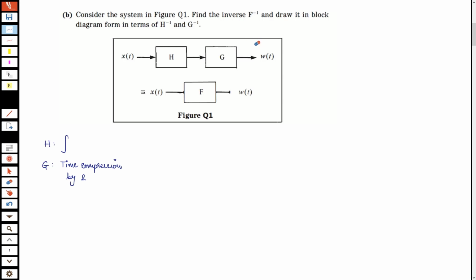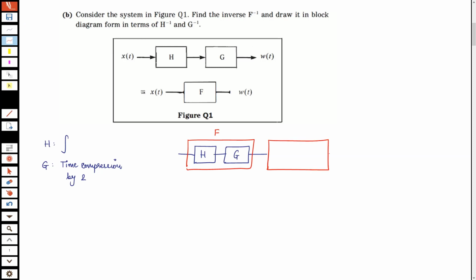So in a sense, we are looking for a system, if this is H and G together, if this is system F, we are looking for something that actually reverses the effect of F. So if the input is x(t), the output is still x(t).